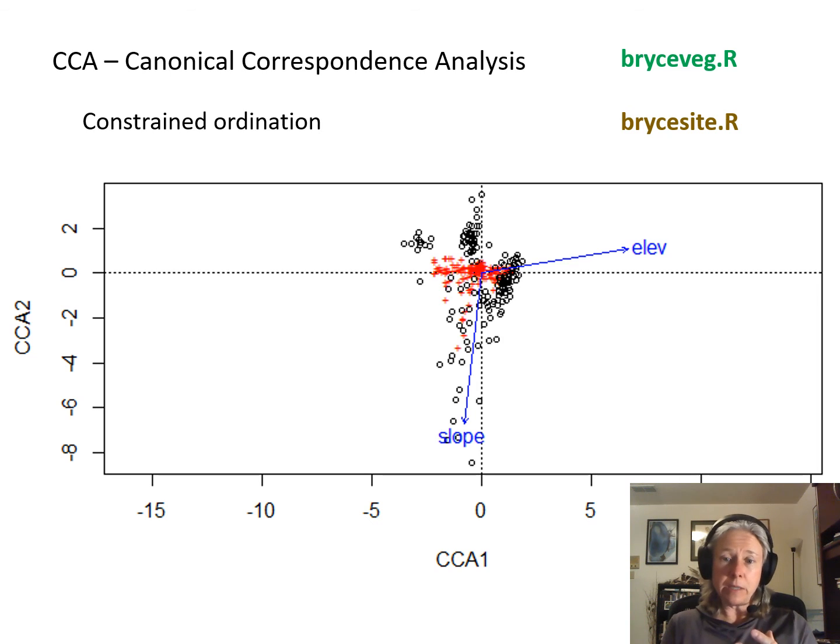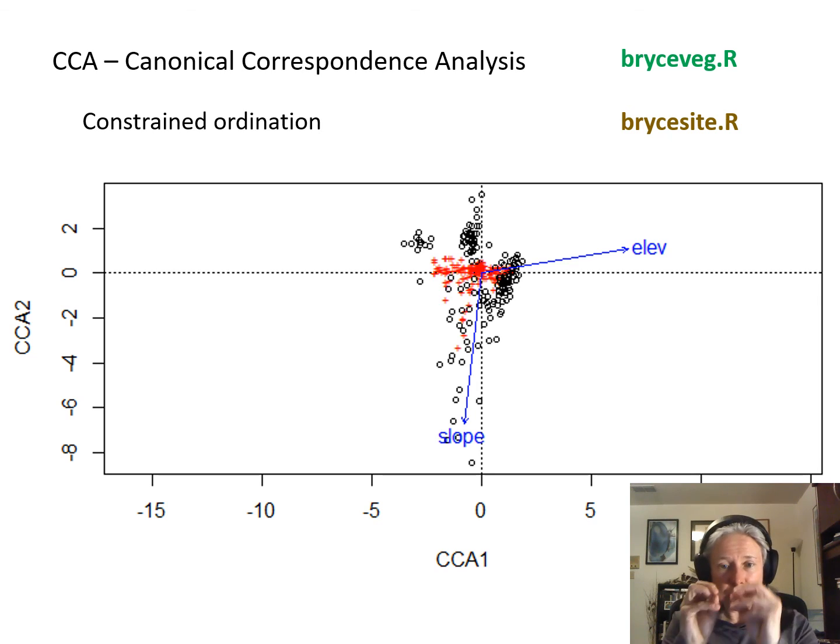So in this case, you've got better than a 90-degree angle between slope and elevation, indicating there is no strong correlation between elevation and slope, and we wouldn't expect there to be one. The direction of an arrow indicates the direction of maximum change in each variable. And arrow length indicates the importance of each variable.